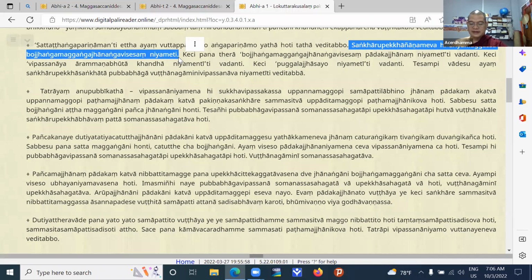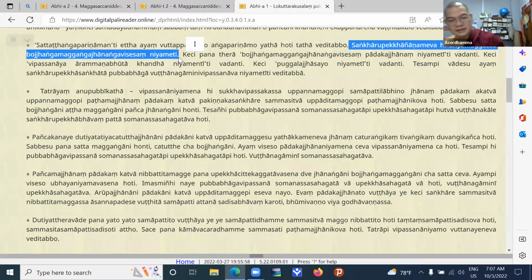Saccavibhaṅgo jnana is uttanagamini paribhara jnana, the lokiya jnana which is the last one, the top one. That is uttanagamini paribhara jnana. So saccavibhaṅgo jnana mewahi ariya maggasa bhunjaka maggaga jananga visesa niyamedi.